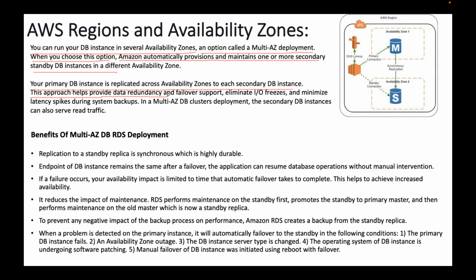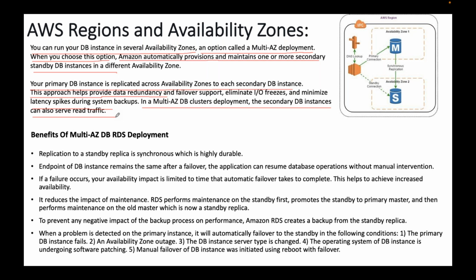It will minimize the latency spikes during system backups. In a multi-AZ cluster deployment, the secondary database instance also serves read traffic. If required, for read operations, you can still contact the secondary also.